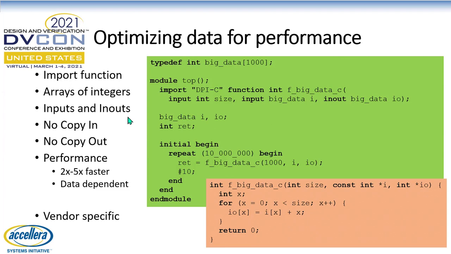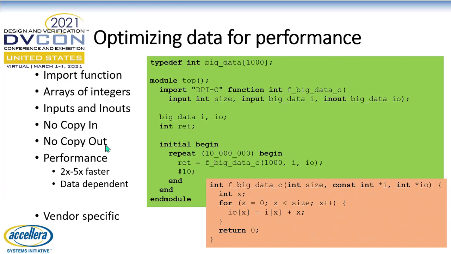But the other thing that you can do is check with your vendor, and if you write your code a certain way, then there will be no copying. In this case, we have a type called big data, and it's 1,000 integers. Because we've written it as integers, and because it's going to be an import function, not an export, not an output, only inputs and inouts, array of integer, import function, we're going to benefit: there's no copy in, there's no copy out of the data.